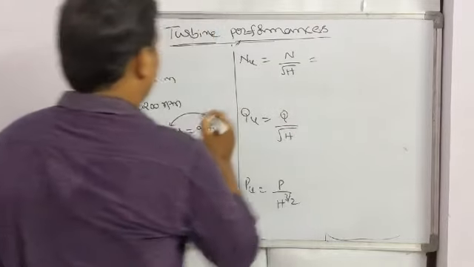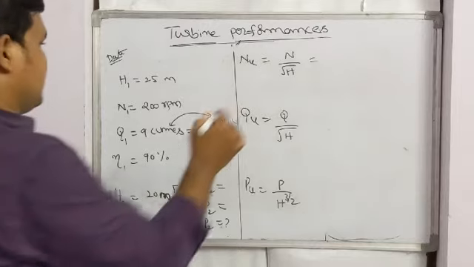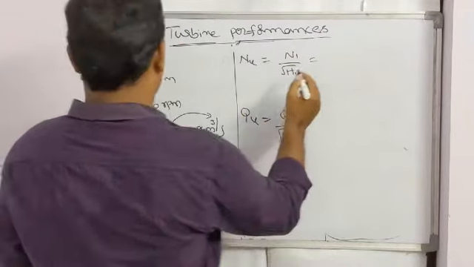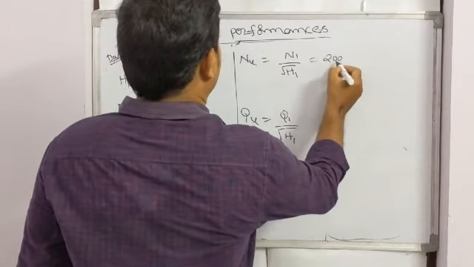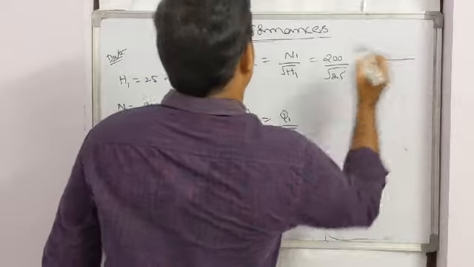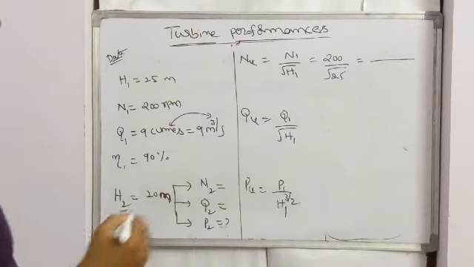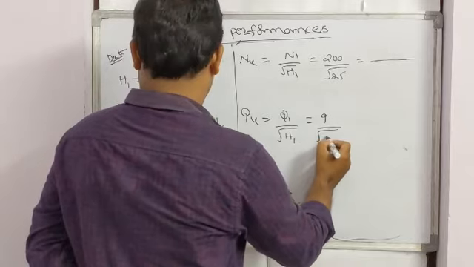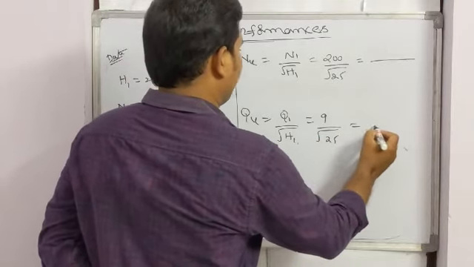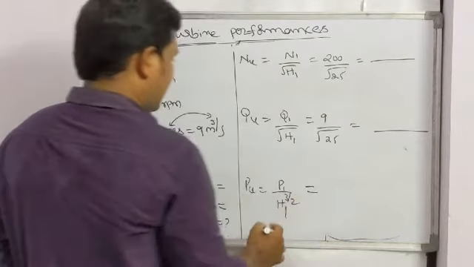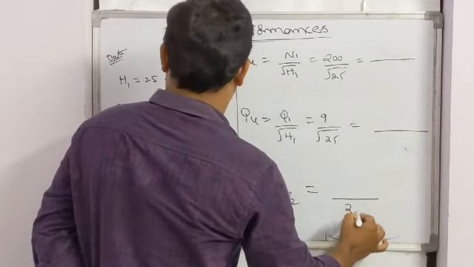So I am using the first case, N1, H1, Q1, H1, P1, H1. N1 is 200 RPM divided by root over 25, so we get some NU. Again Q1 is 9 meter cube per second under 25 meter head, so we get the unit discharge.